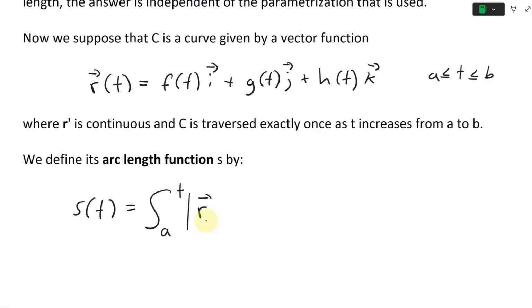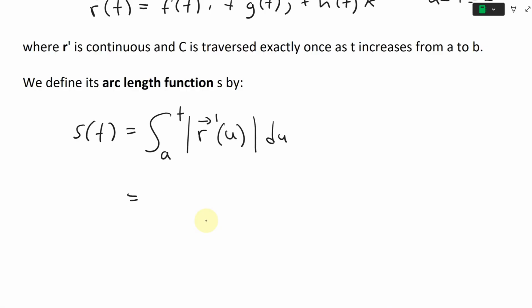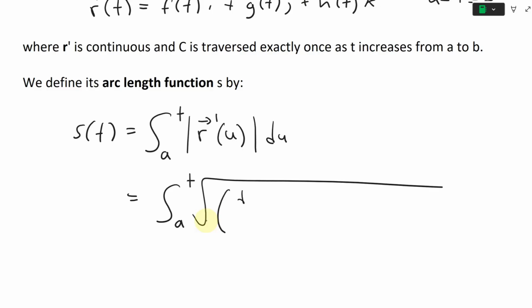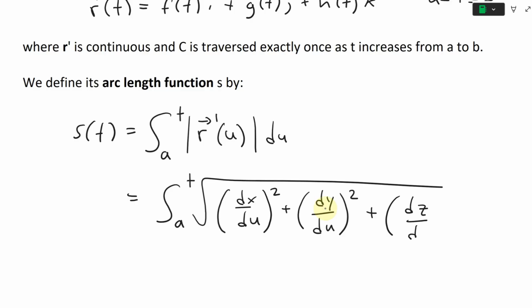This is now the magnitude of the derivative r prime, using that compact equation, with a u there for the integral, du. So this equals the integral from a to t of the square root of dx over du squared, because we plug in the t after we take the integral, plus dy over du squared plus dz over du squared, all du.